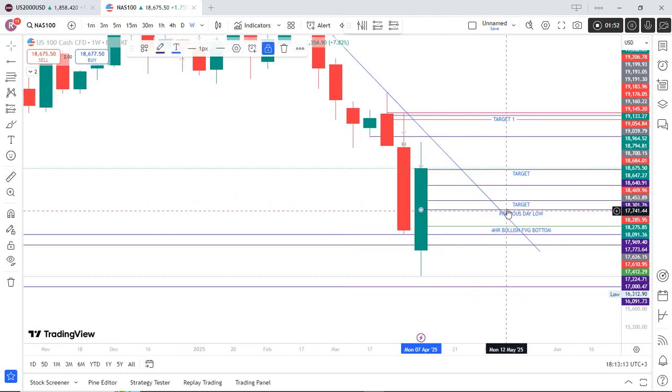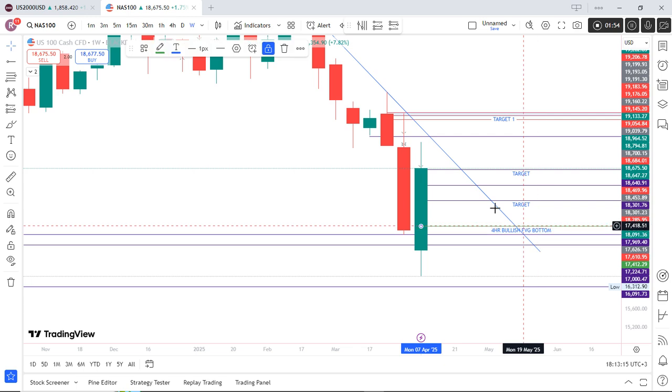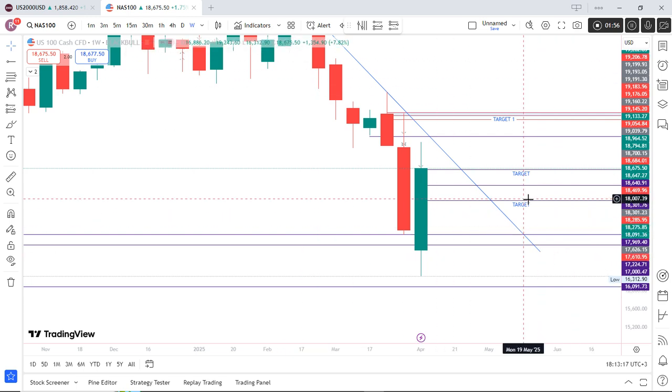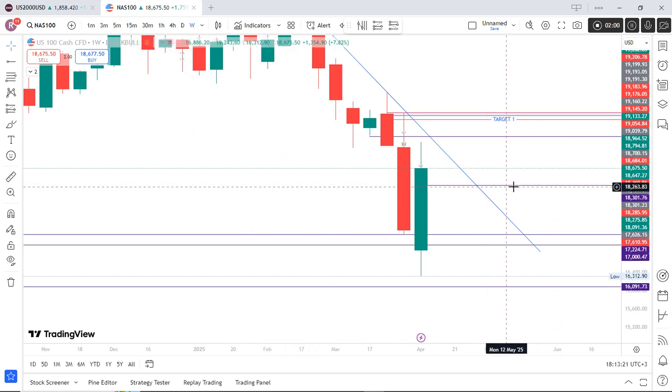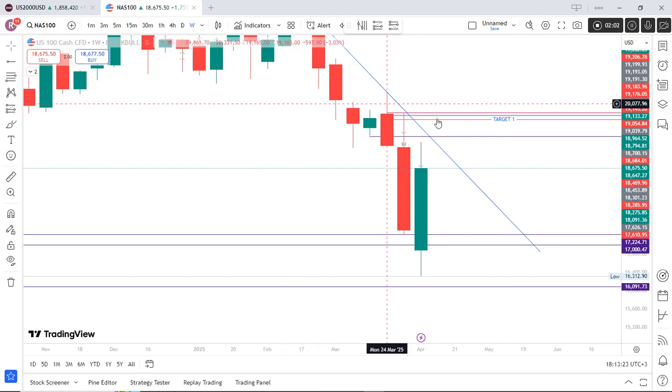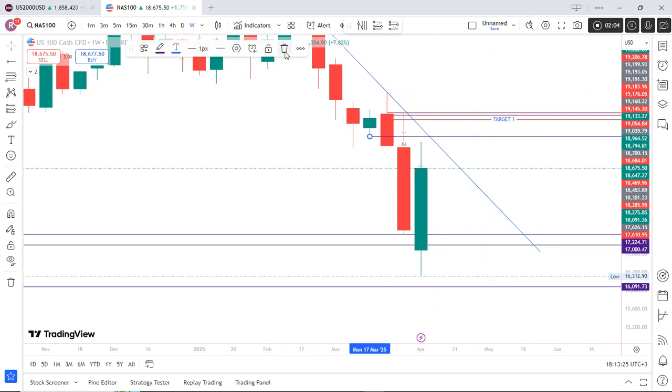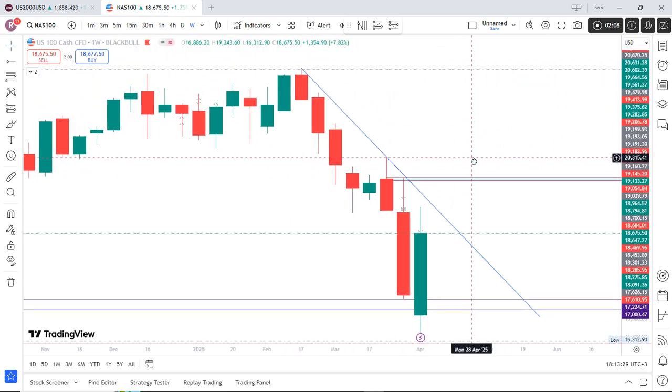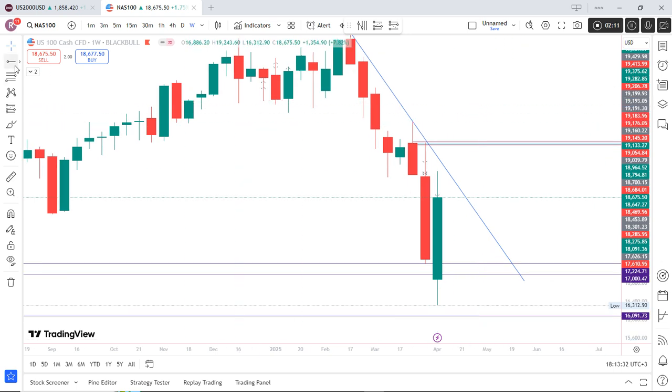Or let me just remove them so that I don't confuse you guys, so that we can have a cleaner chart, right? All right. So here we go.